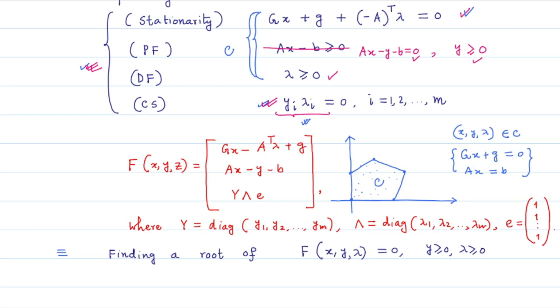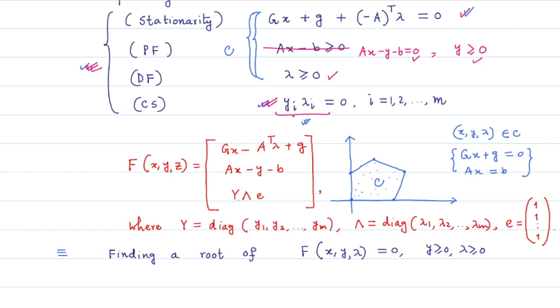Sorry, we have here many components lambda m, and accordingly this vector e also has m components. We notice that this is a very special way of writing all these complementary slackness equations, that yi lambda i is equal to 0.